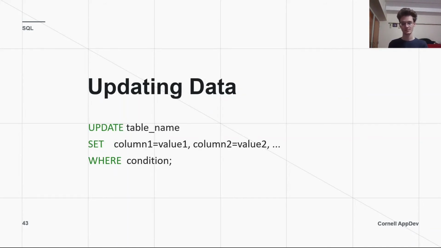We can also update data. This is all slightly inconsistent, but pretty similar, I think. Here we can use an update statement, specify a table name, and then set and specify a list of columns and values that we would like to change. We can also optionally set a condition where we're only going to update under these conditions.